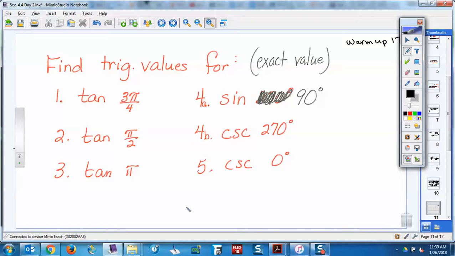So this is definitely something on the quiz where I just give you trig functions of special angles and want the exact values, which is code for no calculator, right? It's code for no calculator. I want those answers in square roots and fractions, not decimals, okay?